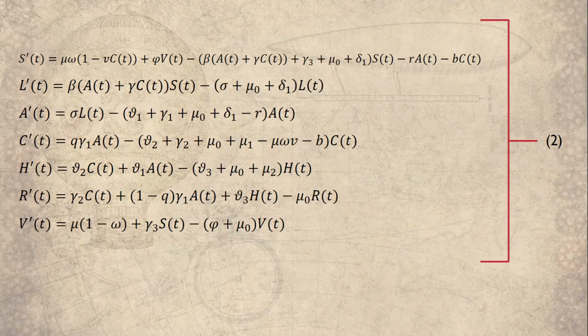L prime of t is beta A(t) plus gamma C(t) S(t) minus sigma plus mu naught plus delta 1 L(t). And A prime of t, the migration from L(t) to A(t), is sigma L(t) minus theta, theta bar 1 plus gamma 1 plus mu naught plus delta 1 A(t). And the differential equations are as shown below.